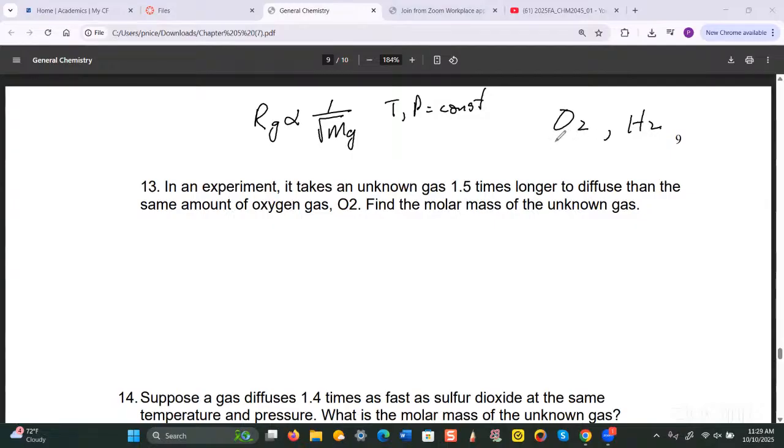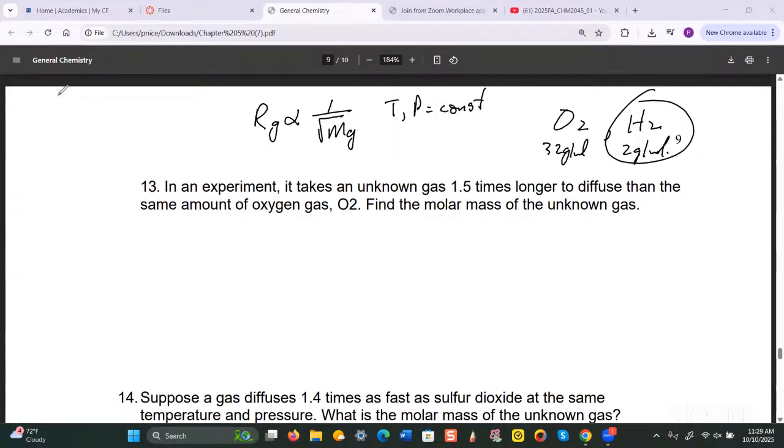The molar mass of oxygen is about 32 grams per mole. The molar mass of hydrogen is about 2 grams per mole. So we can easily see that hydrogen would effuse faster because it's a lighter molecule. I'm saying that so that if you're given a question like this, you don't have to go into any fancy calculation to find out which one effuses faster or more slowly.